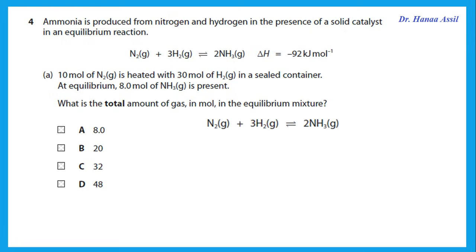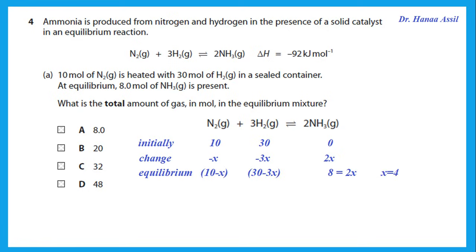So if we have a reversible reaction, initially we put 10 moles of nitrogen and 30 moles of hydrogen. Now remember that the change that would happen is minus X of nitrogen, minus 3X of hydrogen, to give 2X of ammonia. And that means at equilibrium I will have the rest of that. But we are told already that we have 8 moles of ammonia.